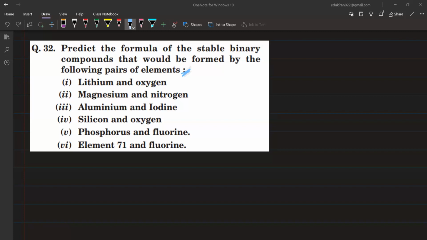By the way, you must have seen these questions in 9th standard also, when you were first introduced to atoms and molecules. The chapter is atoms and molecules, and you were introduced to valency, right? Crisscross method, if you guys remember anything from 9th standard. Anyone remembers this?